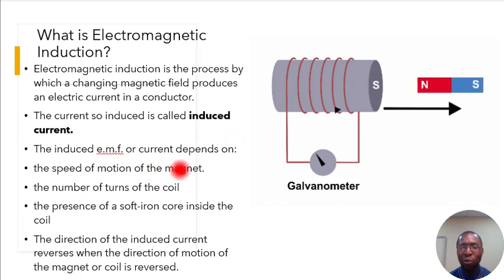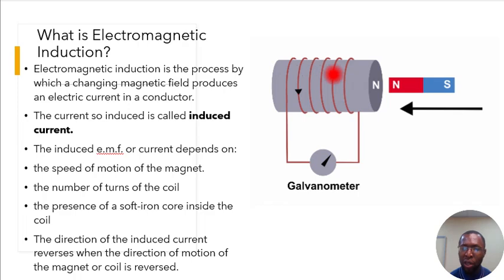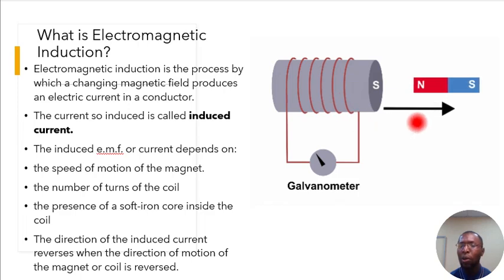Now, this induced current, sometimes we call it EMF. This induced EMF or current depends on three things: the speed of the magnet. If you move the magnet faster, then you will have more current induced into this conductor called the solenoid. Another thing is the number of turns of the conductor. Now, if we have more turns in this conductor, then the amount of current that will be induced will be increased as well.